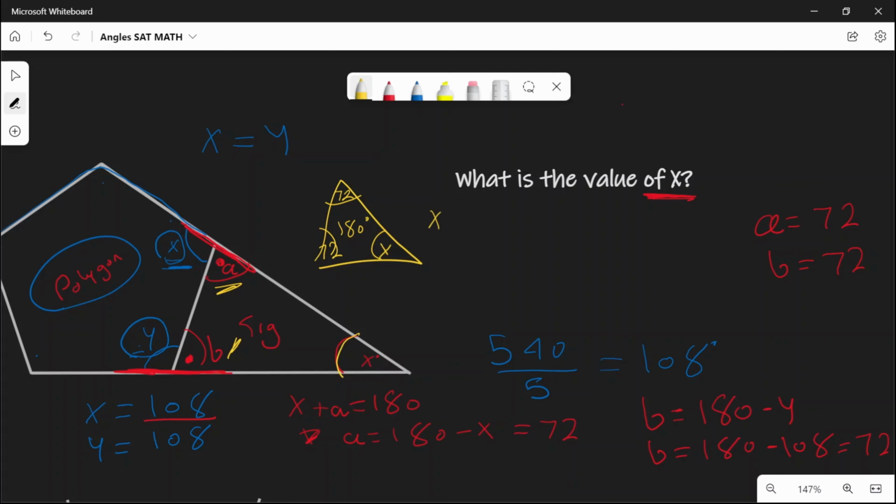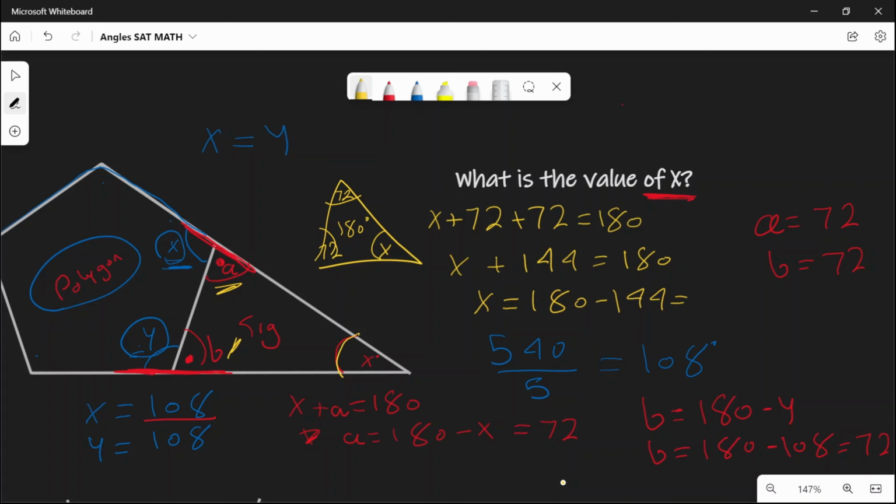We know that x plus 72 plus 72 is equal to 180 degrees. 72 plus 72 is equal to 144. Subtracting 144 from both sides, we will have x equal to 180 minus 144.